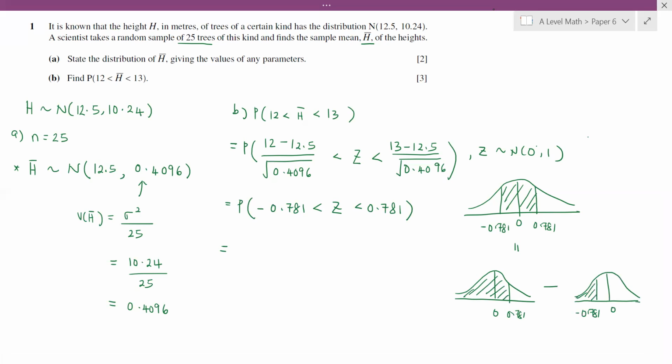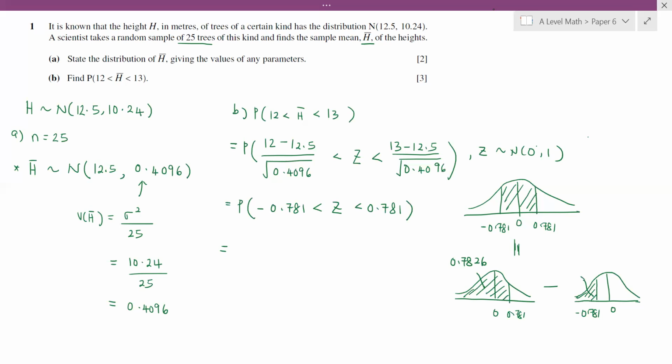We take this value and we subtract by this to get what we have here. This value we can get directly from the standard normal table, and this is 0.7826. We need to subtract this value.